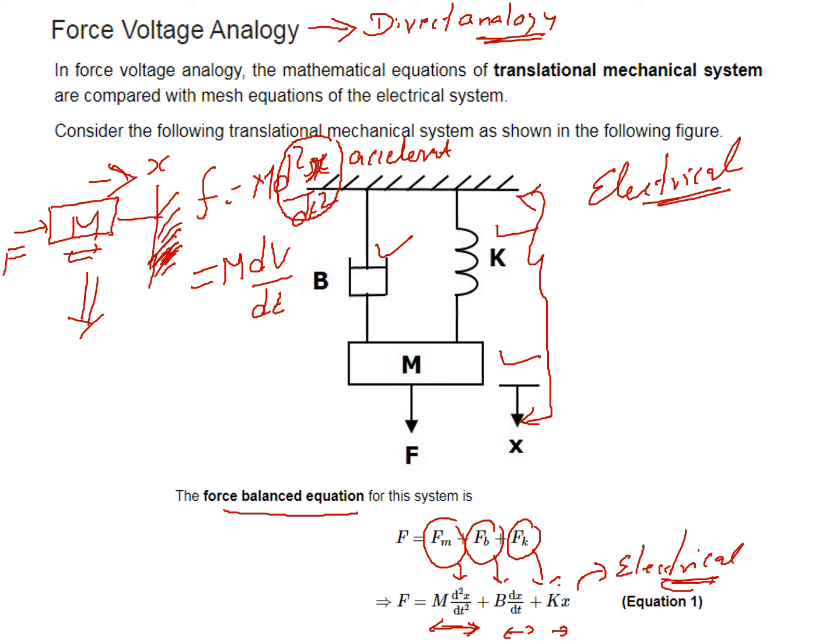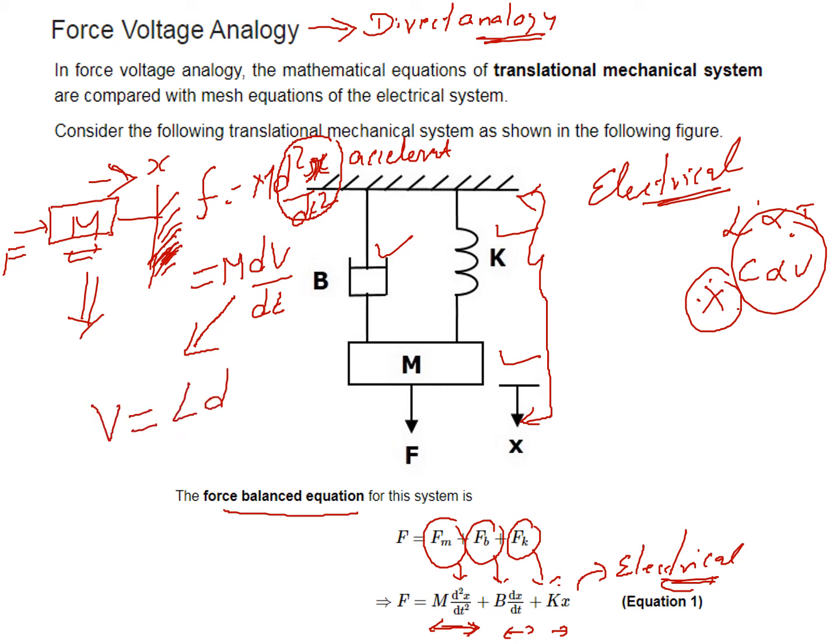So for our electrical circuit, we already know many things: Ohm's law, and what is the relation between L and I, and the relation between capacitor and voltage. Actually those concepts we are going to use for drawing the analogous circuit. Okay? So keeping these concepts, Ohm's law and so on, in mind, we have to write this analogous. So m into dv/dt, this particular thing we can represent as v is equal to L into di/dt.